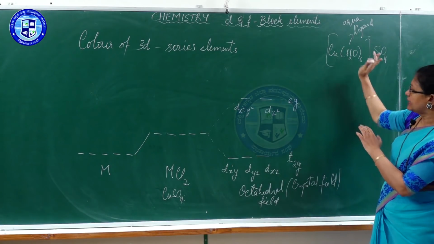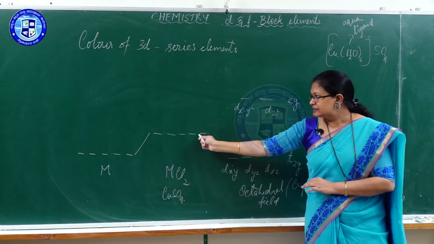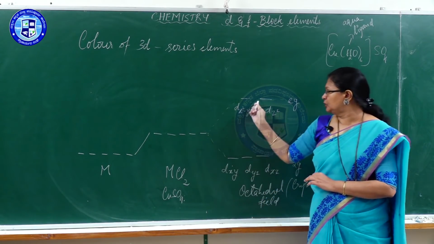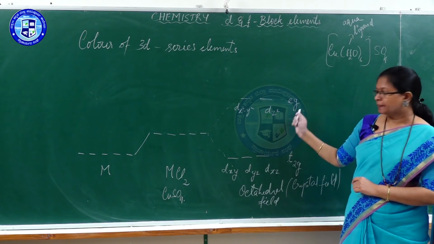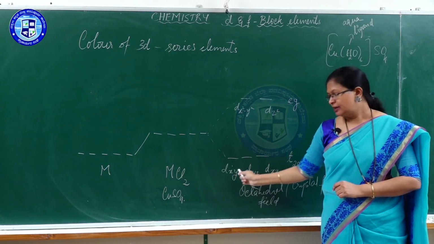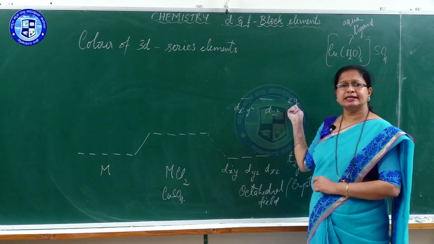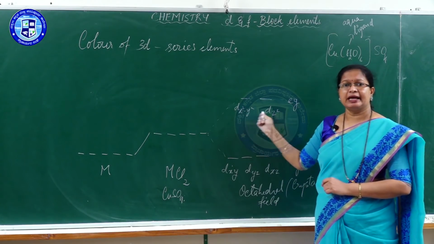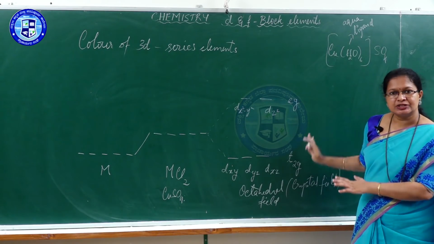This is an octahedral complex in which the 5 d orbitals split into two parts, the T2g set and the Eg set. The T2g set has dxy, dyz and dxz orbitals. The Eg set has dx square minus y square and dz square orbitals. Hope this much is clear.